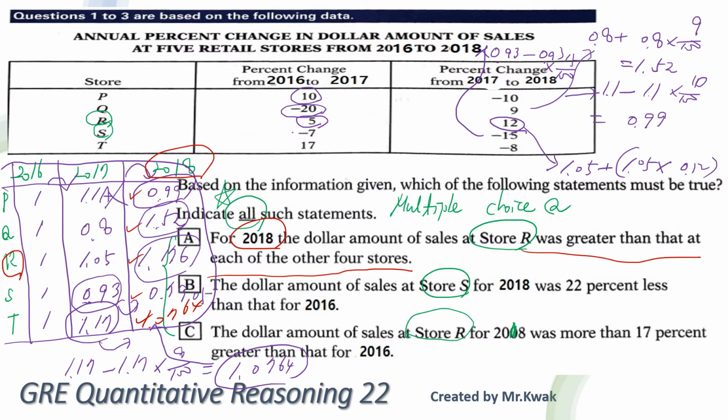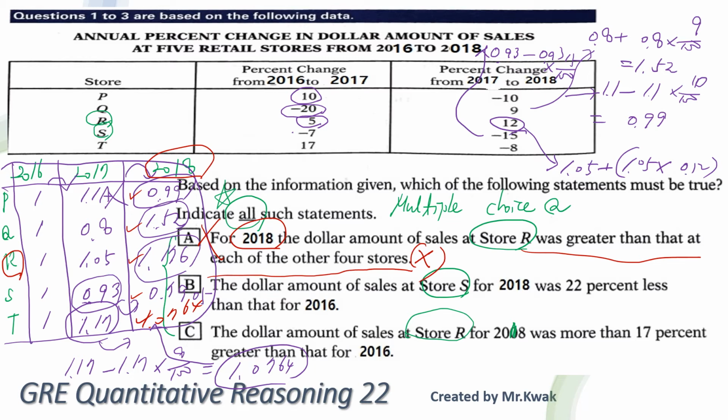Yes. But it's an incorrect answer because P, Q, R, S, T each row shows just the percent change from 2016 to 17 and then 17 to 18. So we cannot compare a specific store with the other 4 stores. It doesn't make sense. So A could be tricky. However, we cannot compare, so A should be incorrect.